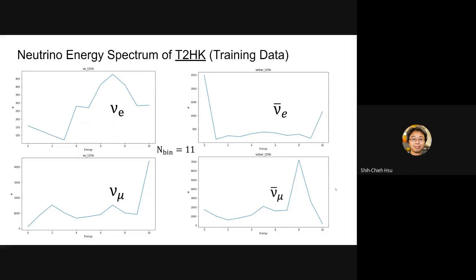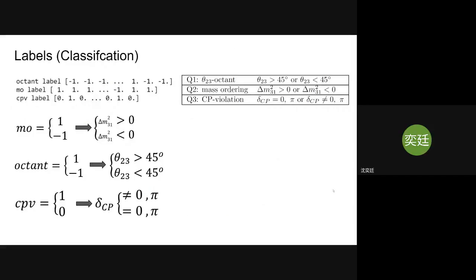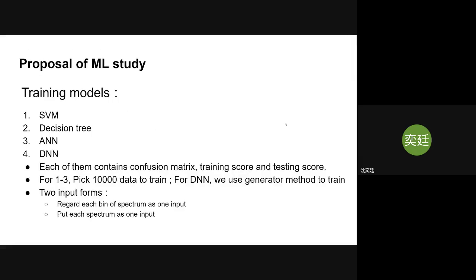Let's continue. The three labels are related to the occurrence of theta 23, CP violation, and the mass ordering. For now, we only try to train our model with the CPV label. We will train our model this way: SVM, decision tree, ANN, and DNN.